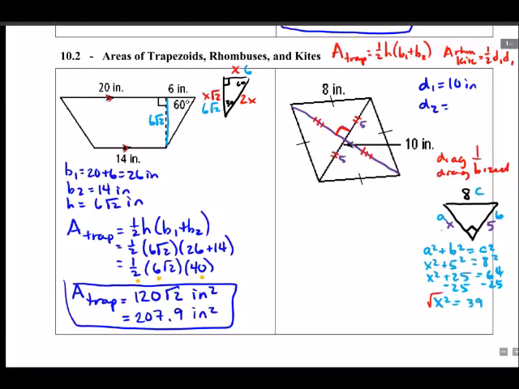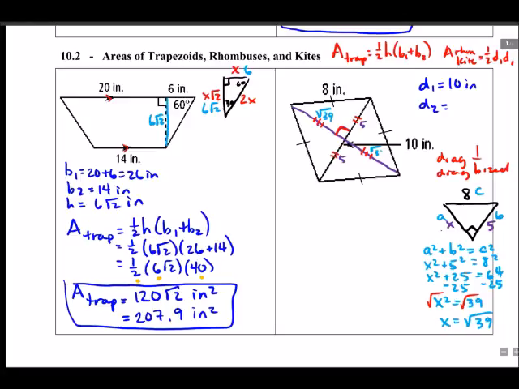Get rid of the squared, we square root. So x equals the square root of 39. Can we simplify our radical? 4, no. 9, no. 16, no. 25, no. Square root of 39 is square root of 39. So we know this right here is the square root of 39.